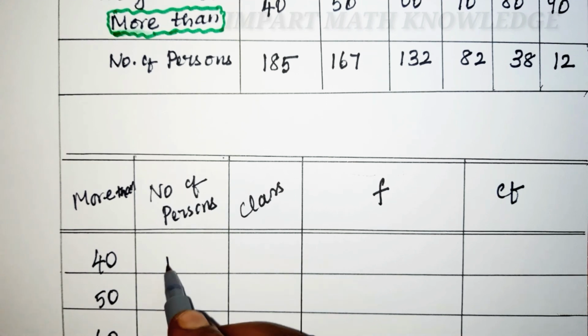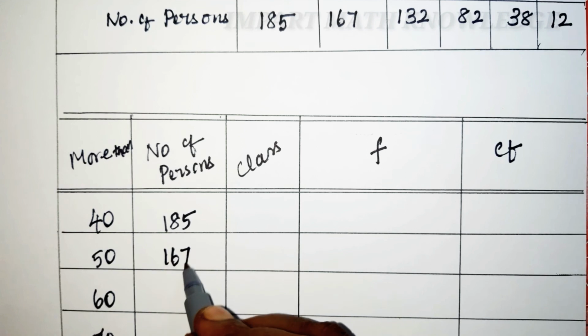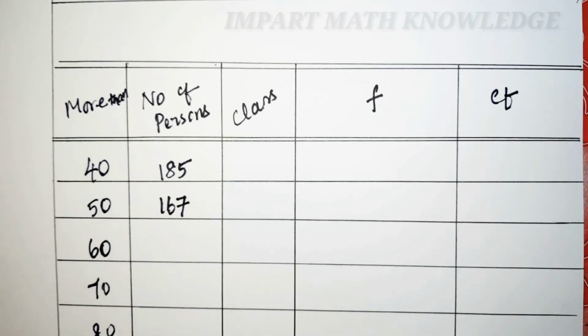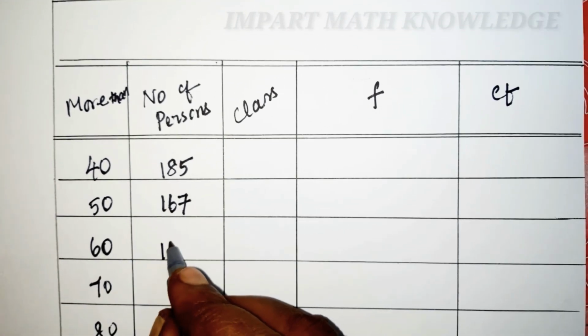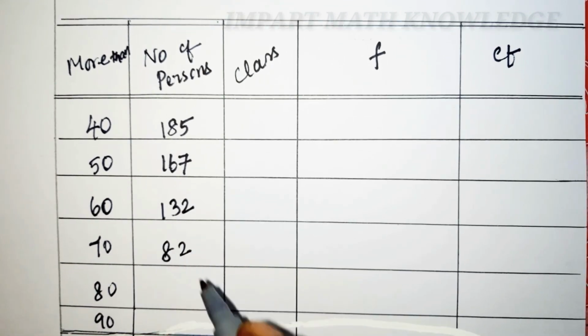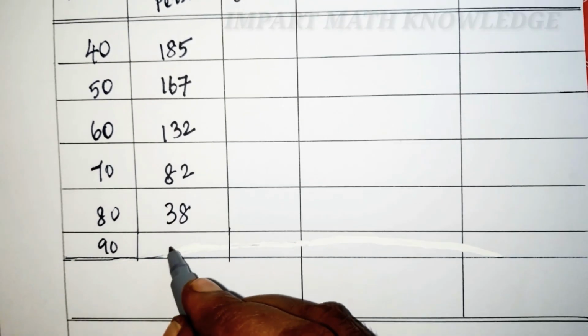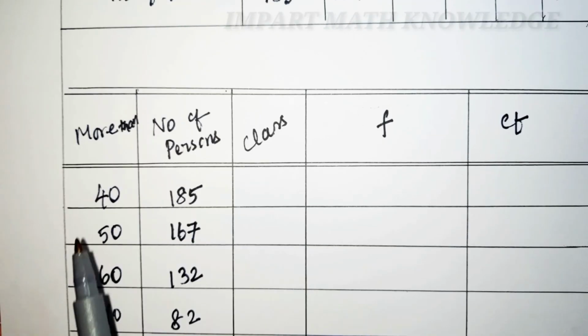Number of persons: 185, 167, 132, 82, 38 and 12. Here more than values are given.